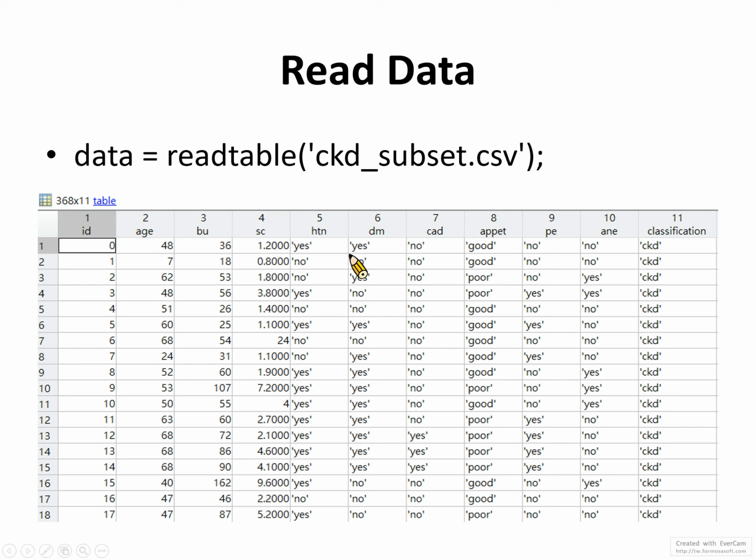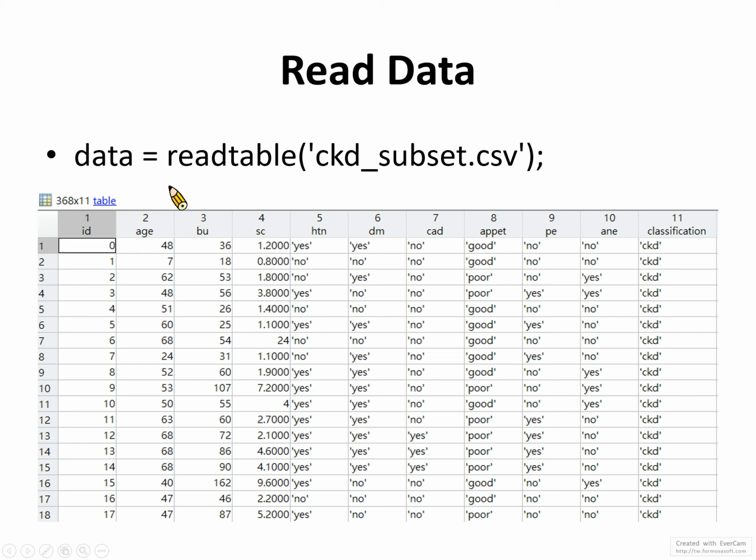And using xlsread, we can import Excel-like files as numerical data, text data, or raw data. However, for machine learning, it's better that we input the data in table format. It's easier using the table format to do the regression and training with different kinds of models.